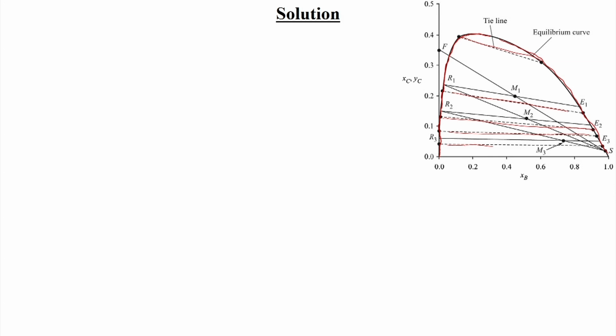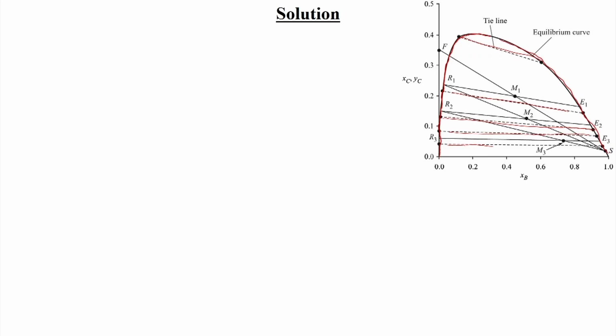So we will do this stage-wise calculation, and we will be able to do it very easily. First we start with stage 1. We have the feed equal to 1000 kg, and xF is given as 35%, that is 0.35.